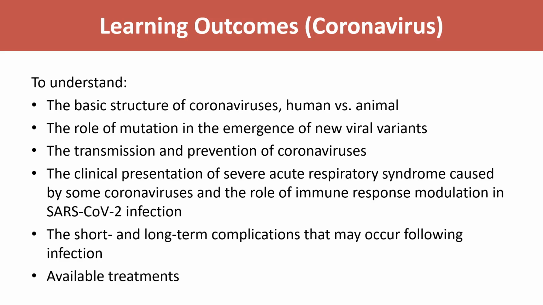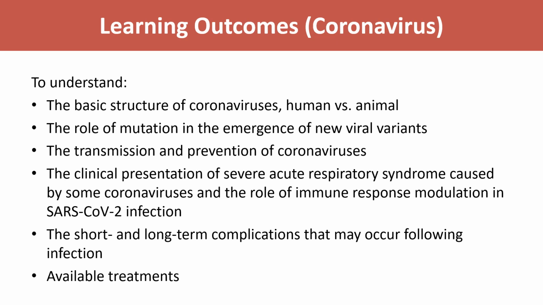The expected learning outcomes for the second part of this lecture about coronaviruses include the appreciation of the structure of coronaviruses and the relative abundance of human versus animal coronaviruses, to understand the basics of the replication cycle and the role of mutations in viral evolution and development of viral variants.